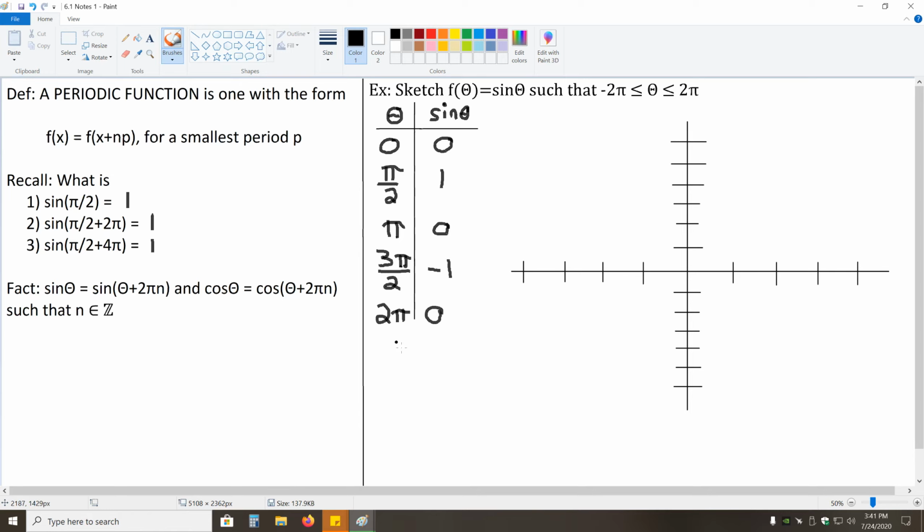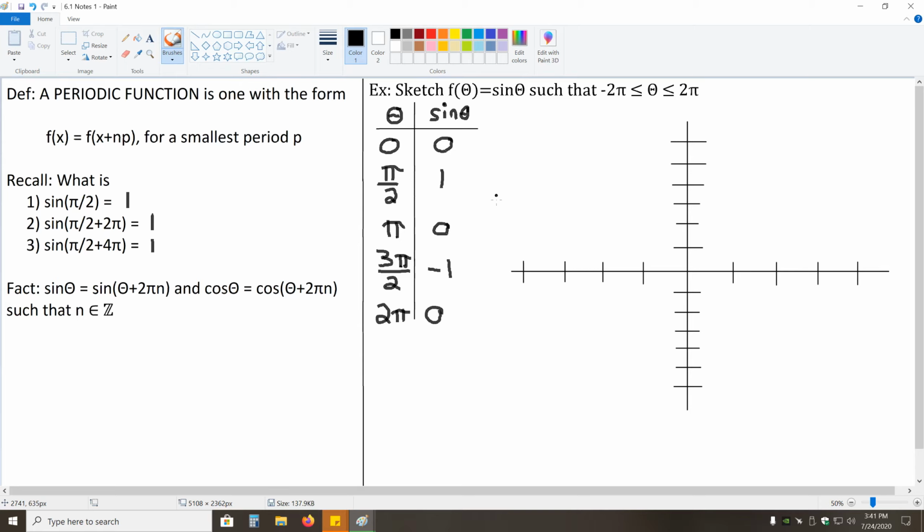And then everything from here on out will start repeating everything that occurred within this range or this domain. Okay, so notice we got this -1 here, but here we got a 1. So the values aren't repeating over a distance of pi, they're repeating after a distance of 2 pi.